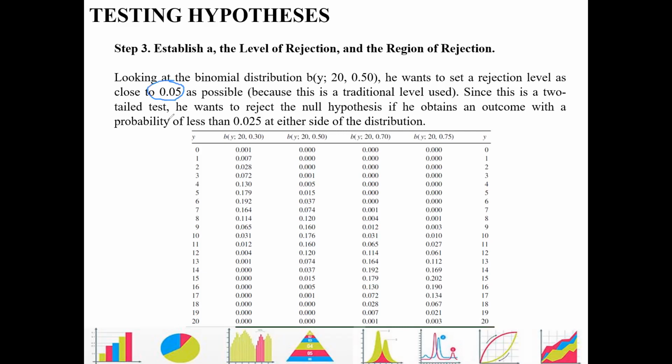But kung two-tailed test yan, kailangan mong i-divide yung 0.05 by 2 to look for the upper and lower limit ng region of rejection. So kaya naging 0.025 at either side of the distribution.